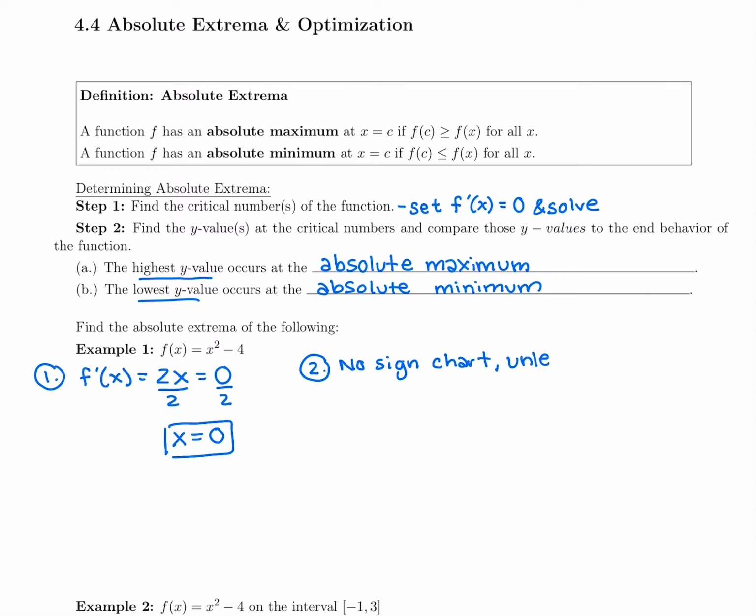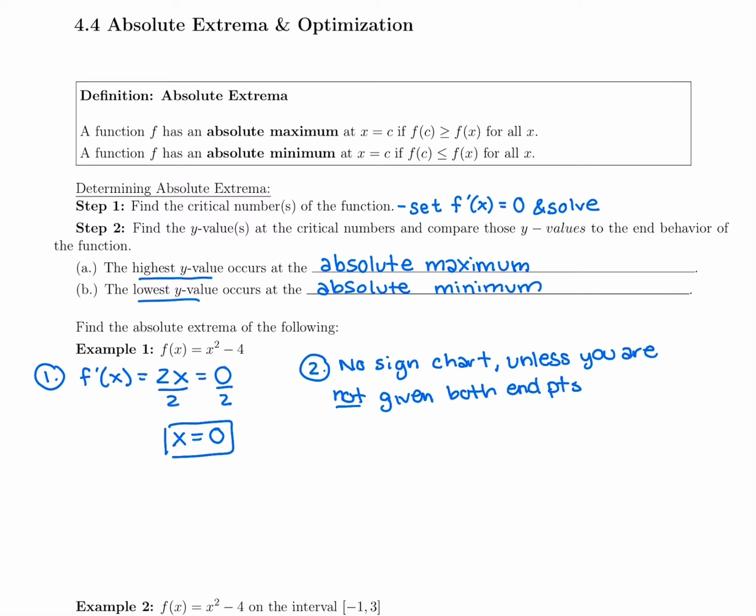So second step is usually no sign chart unless you are not given both endpoints. You should be on an interval. I should say find the absolute maximum on the interval from -5 to 10 or something like that. But here we're not given either endpoint. We're not given a lower endpoint or an upper endpoint.